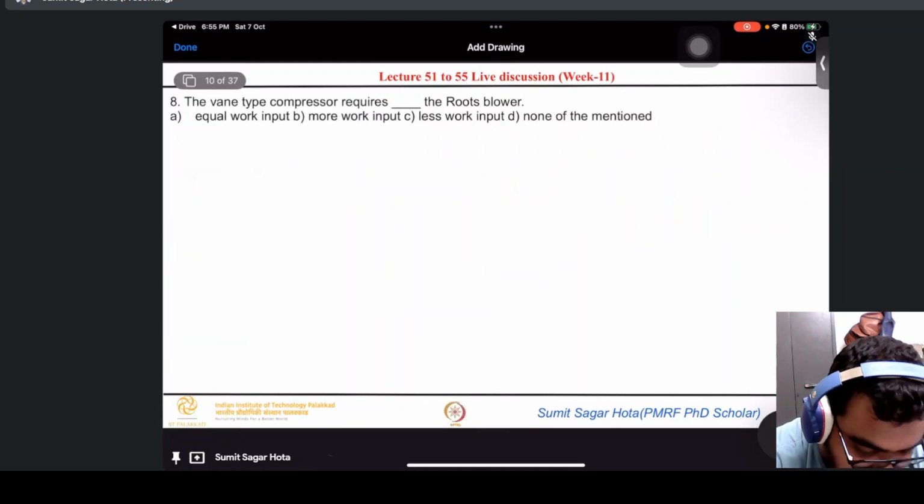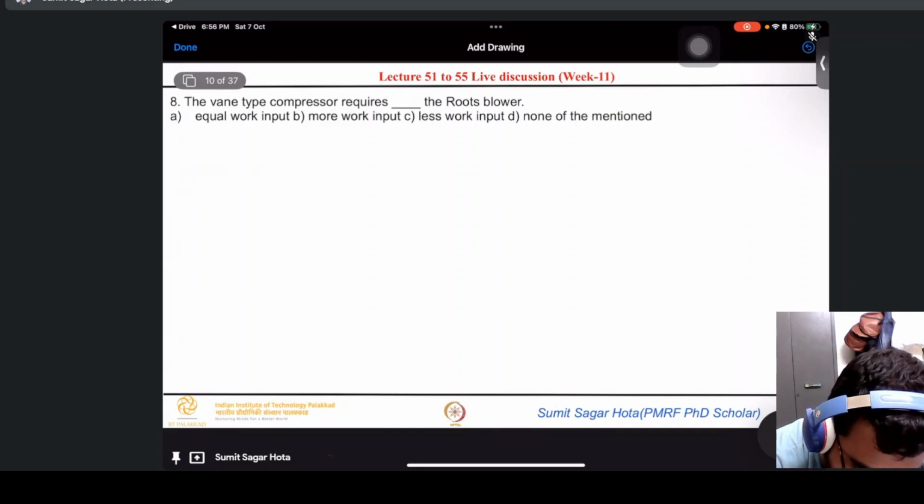The vane type compressor requires dash root blower.